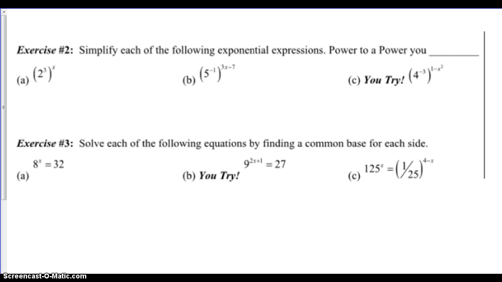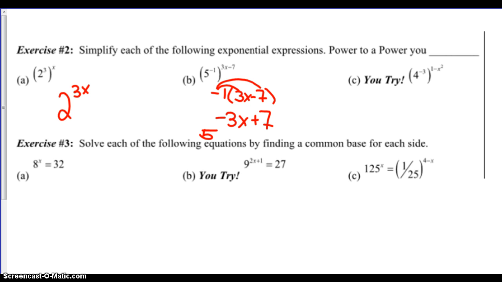So right over here, this would be 2 to the 3x. This right here, negative 1 times 3x minus 7. Big thing here, guys, remember to distribute that negative. So negative 3x plus 7, and that has a base of 5. So lastly, you're going to do C, and you're going to bring that negative through. Be very careful with that.